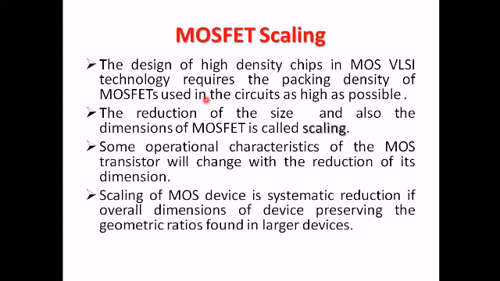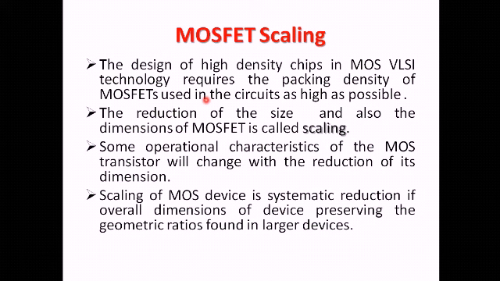As the technology advances, the area occupied by the transistors is just halved per technology node. According to the ITRS roadmap, the shrink factor is almost 0.7 per technology node. When a square is halved, its dimensions shrink by 1 by root 2, that is by 0.707.